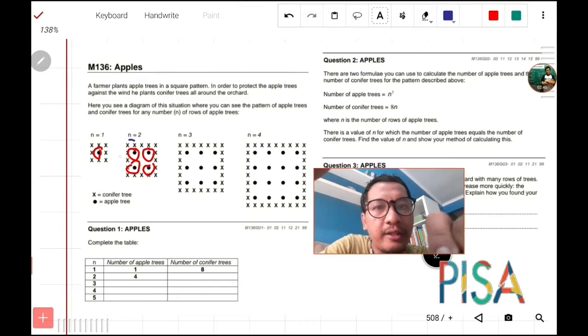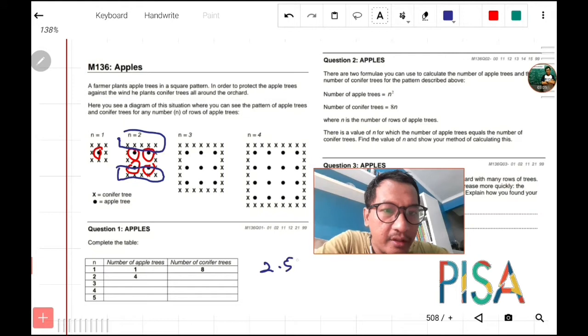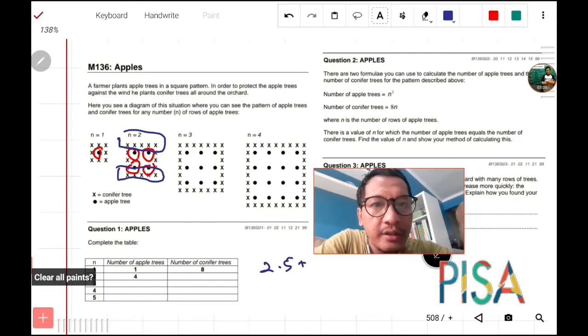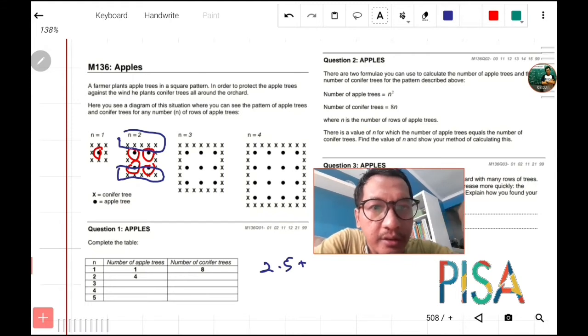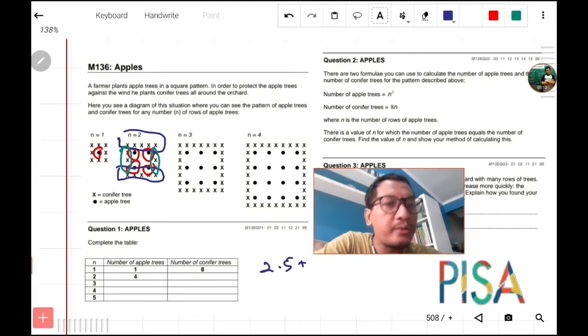Let me erase this first. We count together. This is 5, so 2 times 5, plus this is 3, so 2 times 3.